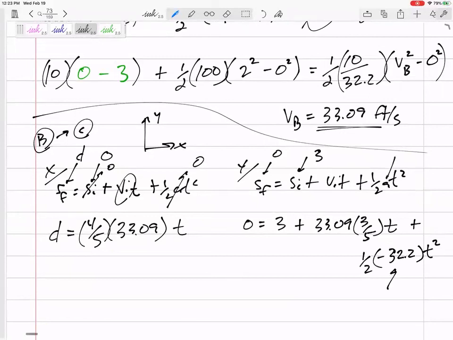Because back when we were doing projectiles, that's the acceleration, and that acceleration is down. I do plug in the negative 32.2 right there, because that's what we did for projectiles. Because for that equation, the axes directions matter, whereas for MGH, I already factored that into my MGH equation.